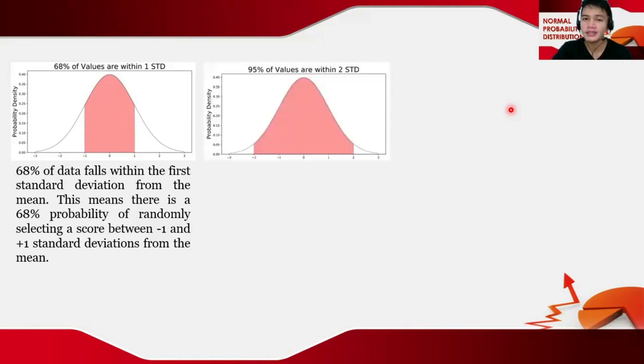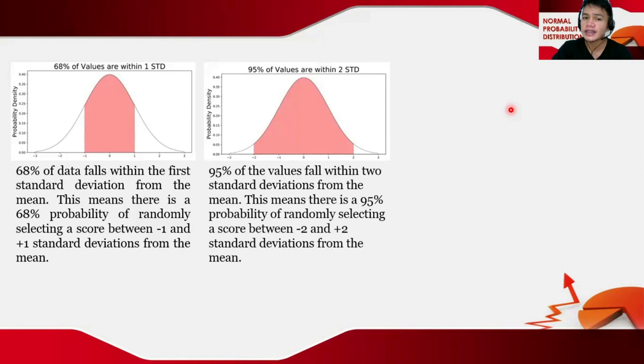How about 95% of values within 2 standard deviations? 95% of the values fall within 2 standard deviations from the mean. This means there is a 95% probability of randomly selecting a score between -2 and +2 standard deviations from the mean.